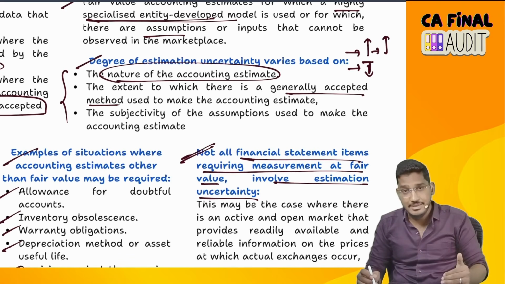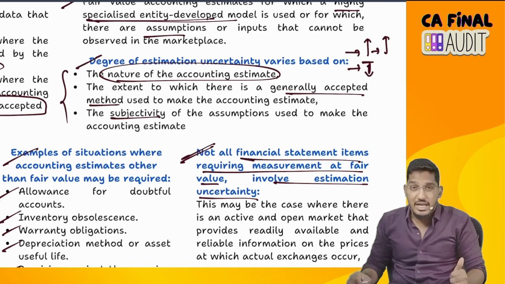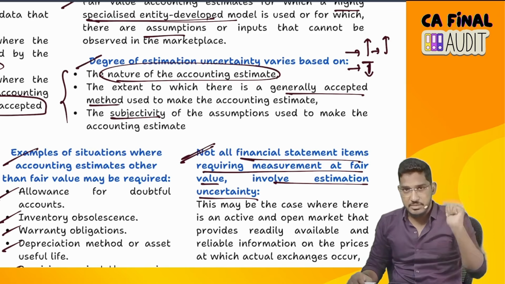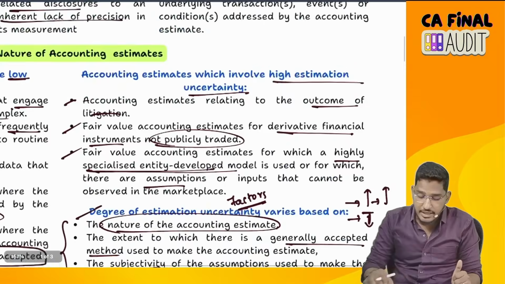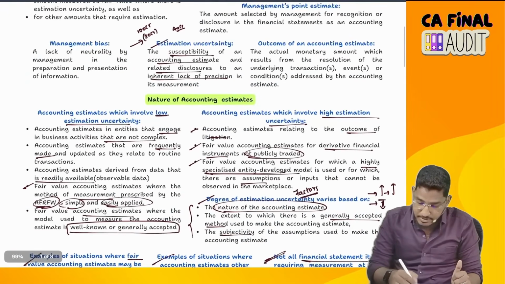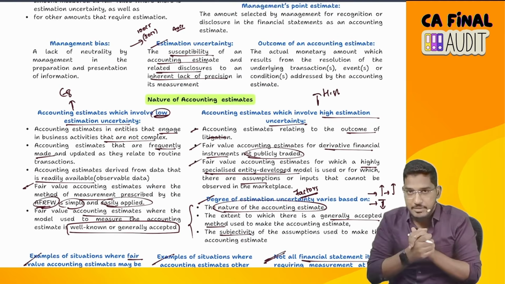Is the method generally accepted or not generally accepted? Or it also depends on subjectivity. Higher the subjectivity, higher will be the estimation uncertainty. So I can call this heading factors: what are the factors which will affect the degree of estimation uncertainty? And these are examples: accounting estimates with low estimation uncertainty, accounting estimates with high estimation uncertainty.